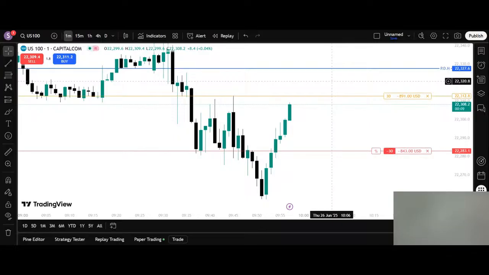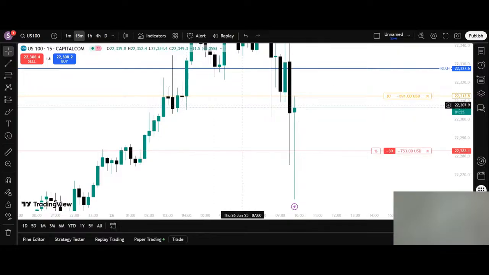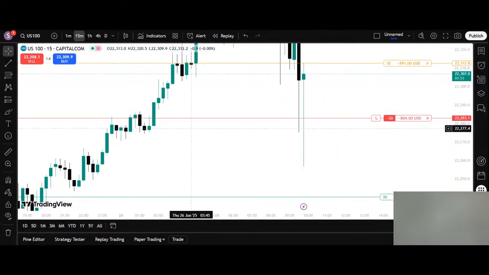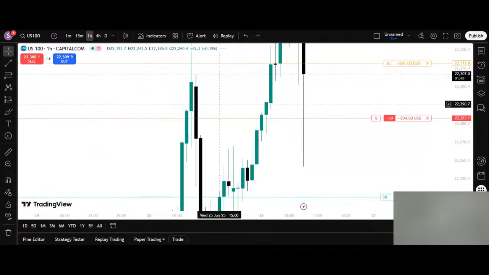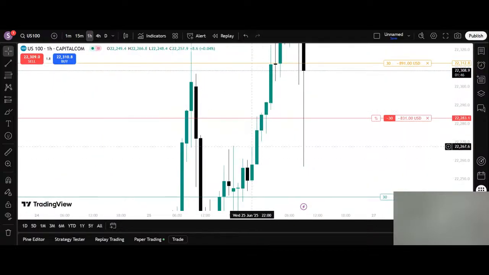I don't think my trade is gonna be open till 1 hour or 15-minute closes. The sell is gonna get hit. Let's see. Price retraced all the way back up by tapping into these FVGs over here.